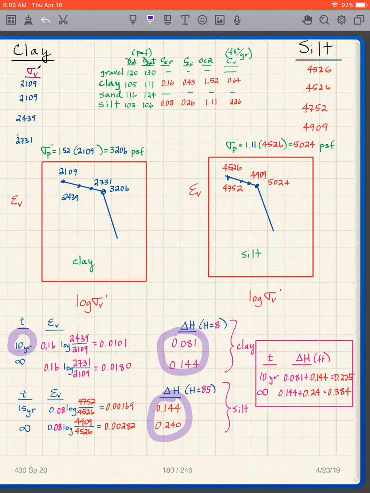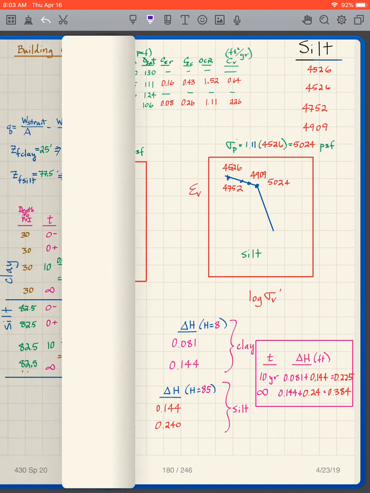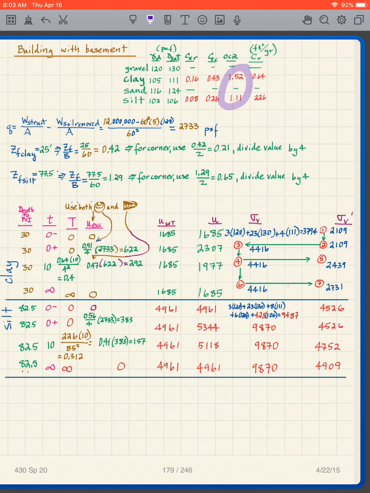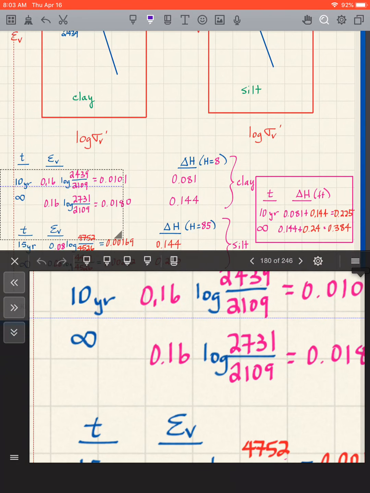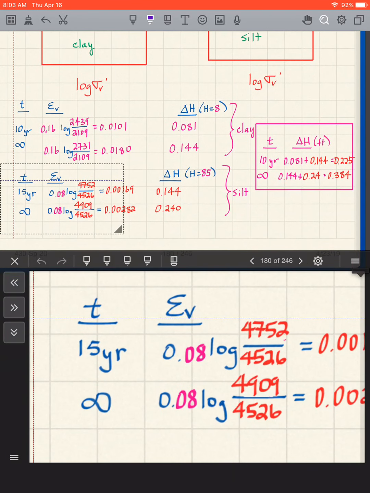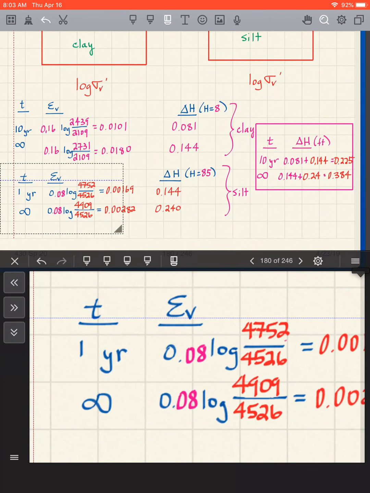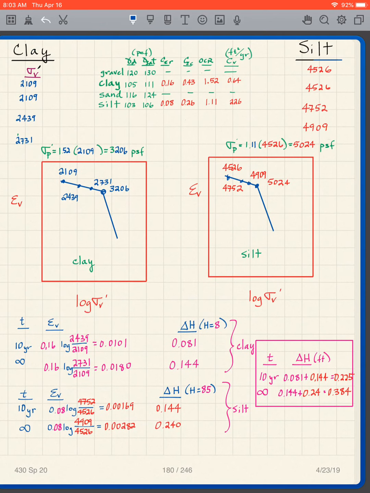There's something wrong, this should read 10 years there. Yeah, 10 years, there's a mistake there.